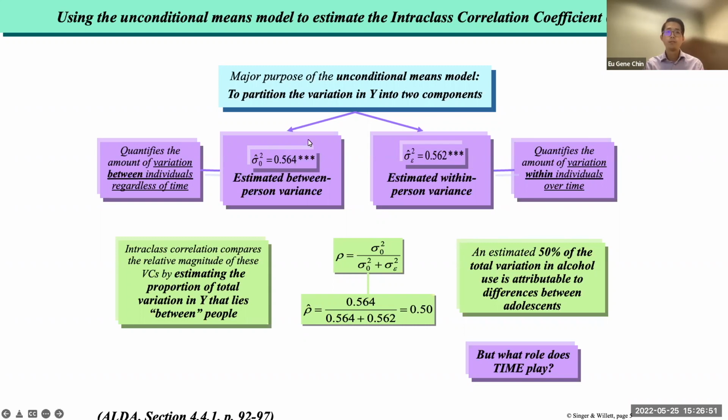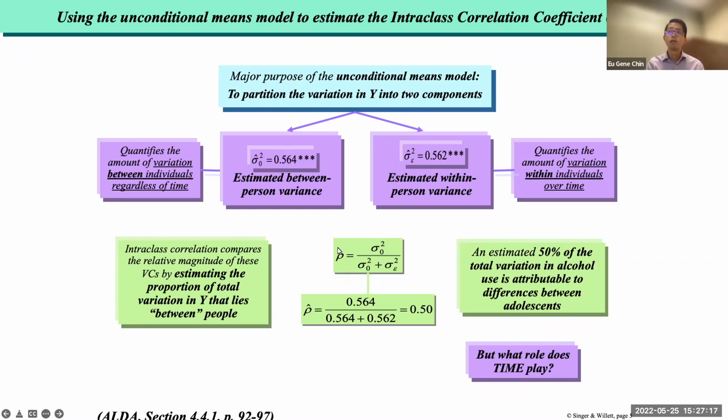In this case, from the unconditional means model, we can see that both the estimated between and within person variance are statistically significant, suggesting that we can probably add in more level 2 and level 1 predictors, so between person and within person predictors, to do a better job of accounting for the total amount of variation in our alcohol use scores.